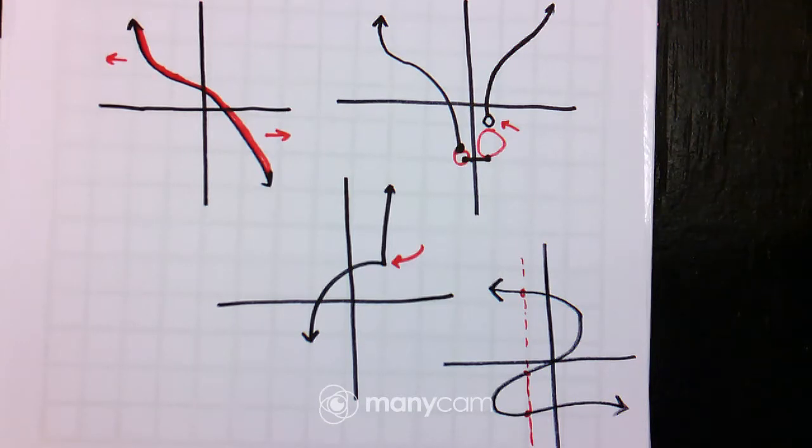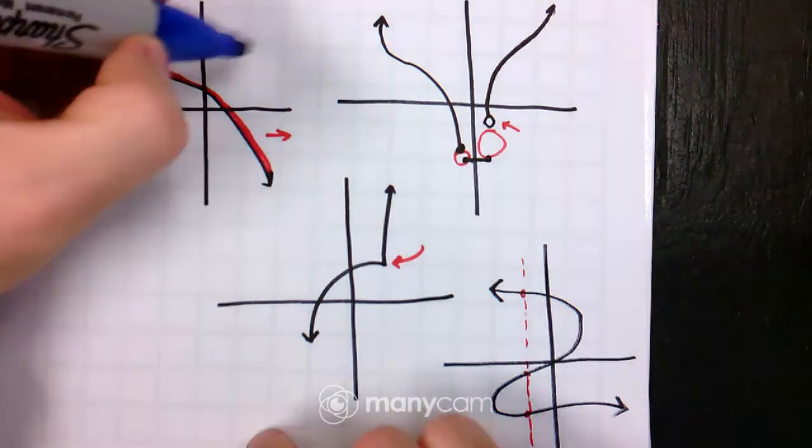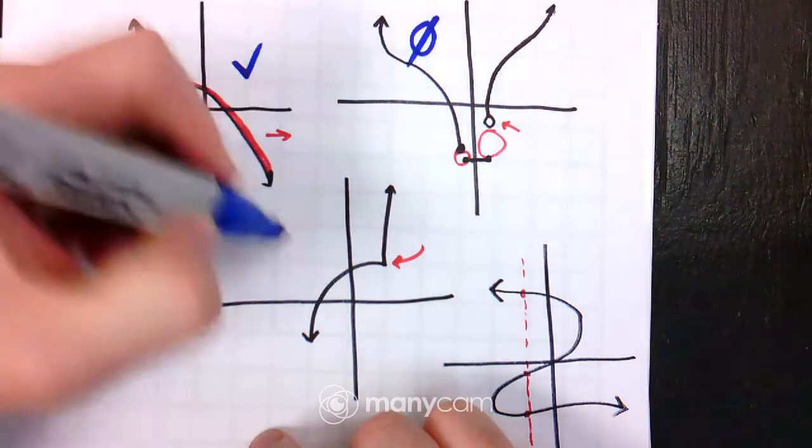Which one's ours? You don't need to write these, but if you want to, you can. They're just examples. This one's good. These are all bad.